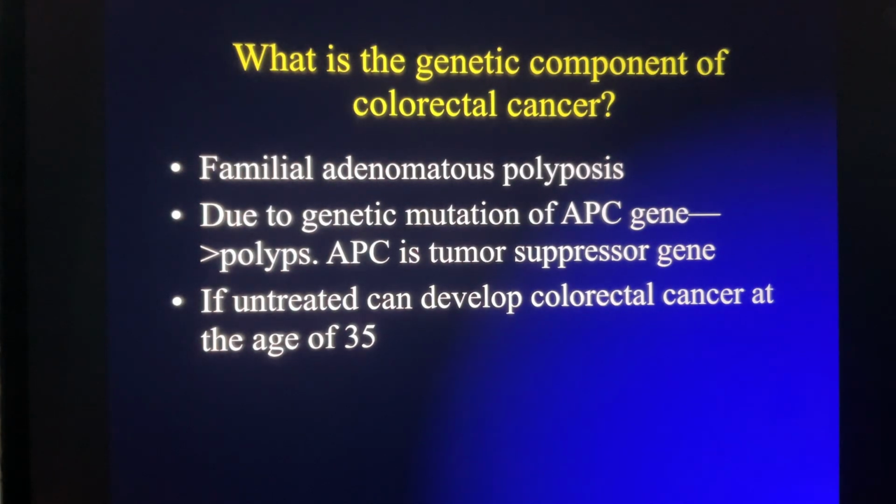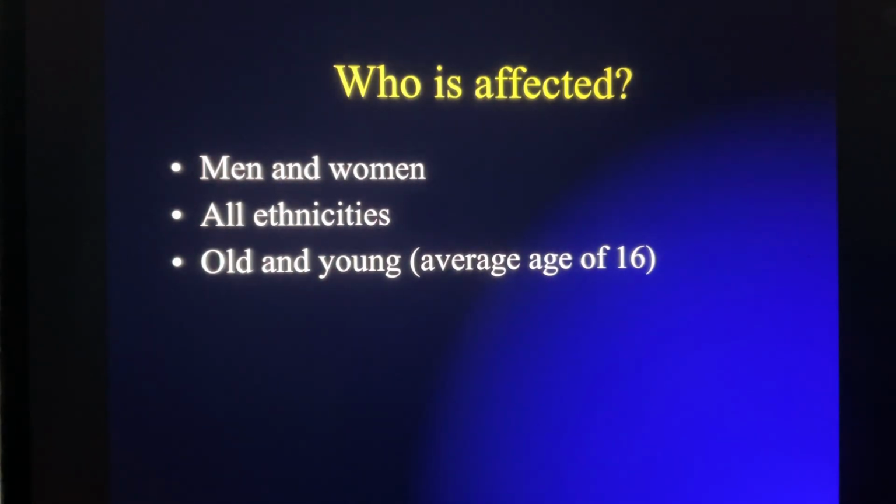So you know what colorectal cancer is. You know a little bit of epidemiology, and you know the genetic disorders that are linked to colorectal cancer. Who then is affected? Some medical conditions are gender specific. They might affect men more than they affect women.